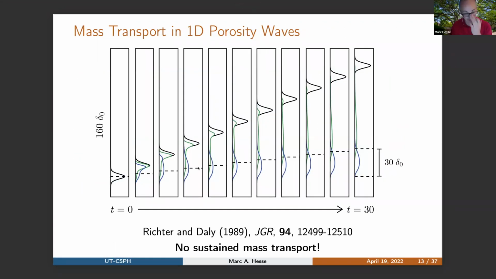So maybe you can think about it here. The porosity waves do move much faster than the background. Here, this is the classic example. The black here is the porosity, right? And the background looks like there's no porosity, but there is. Actually, nobody knows what happens if there's no background porosity, but for this model to work, there needs to be a very small background porosity. If you look at the Darcy flow velocity due to buoyancy in that background, it's that dashed line.